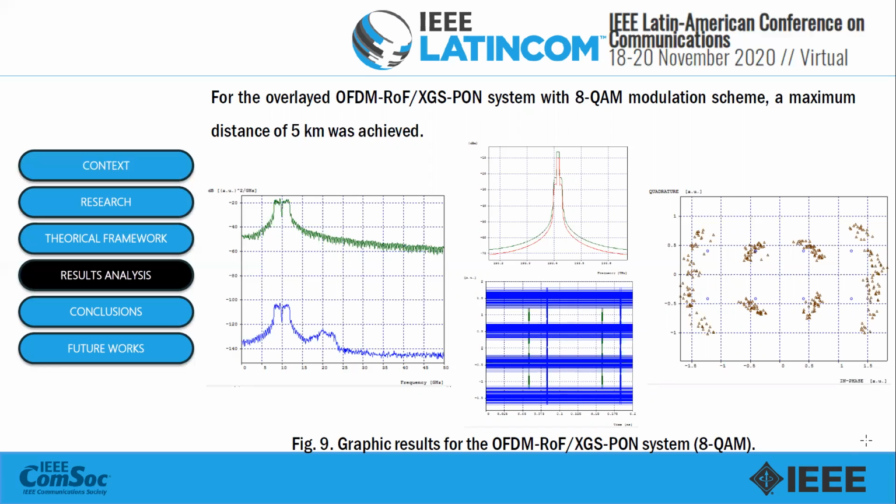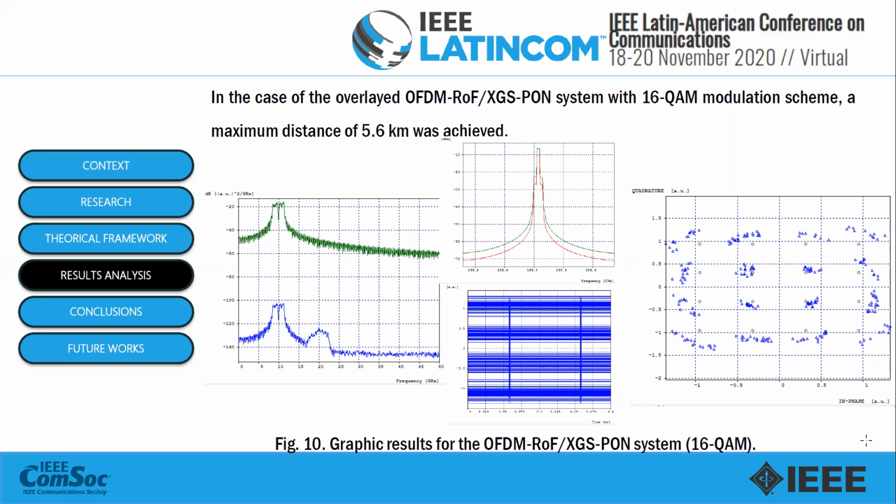You see the results of this scenario, and also in the multi-level format for the eye diagram and the constellation. Okay, in comparison with the reference, which is in blue, obtaining a good performance, the minimum acceptable.